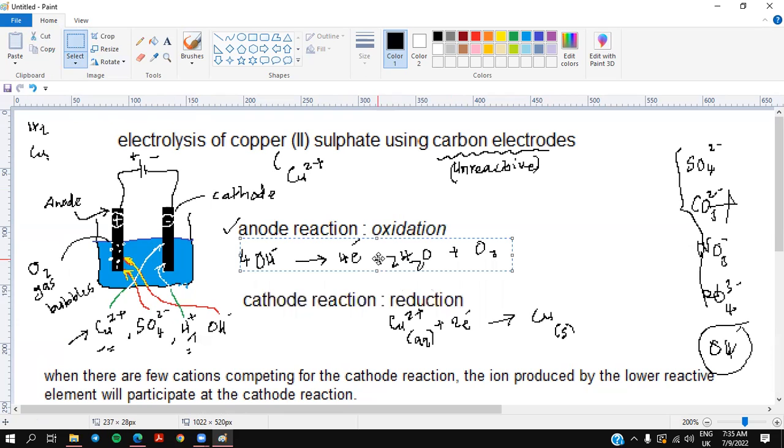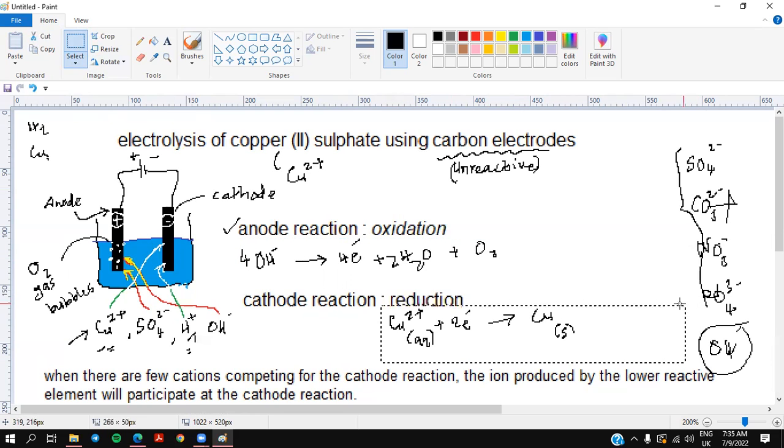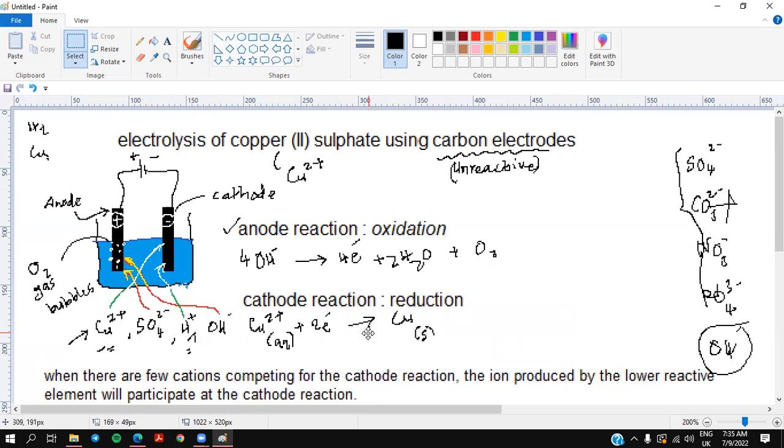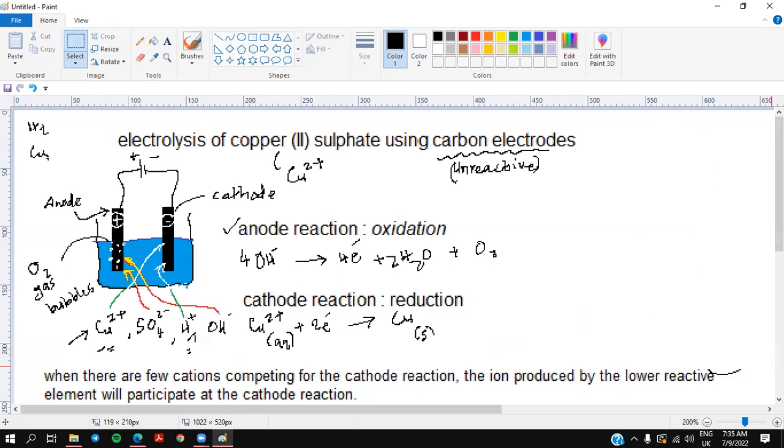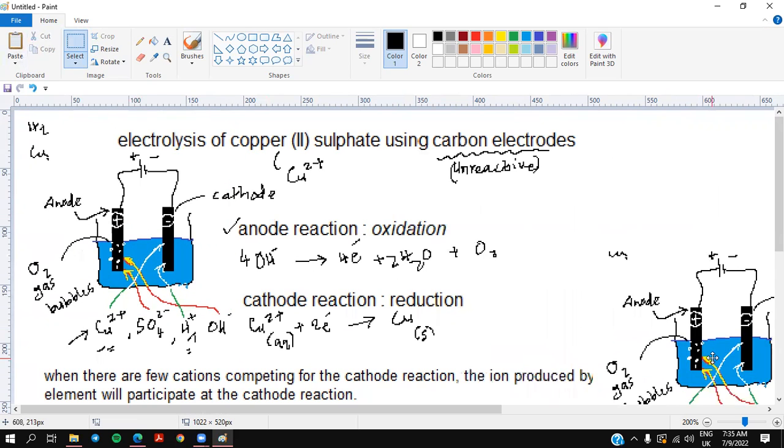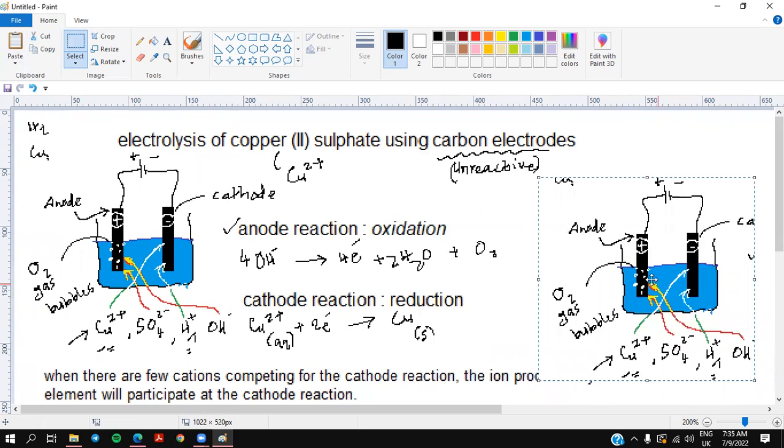So I shift the anode reaction and cathode reaction a bit to the left-hand side so that I have space to draw the diagram. How do you think the electrolysis system will look after a while?